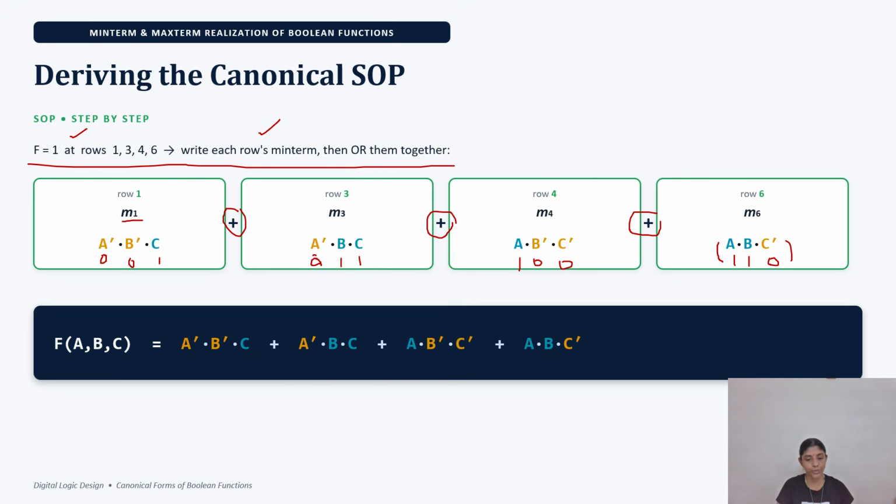Here I want to tell you one more thing. Between each minterm you are using a dot, right? That dot is nothing but your AND gate. So this plus is your OR gate and the dot is your AND gate.